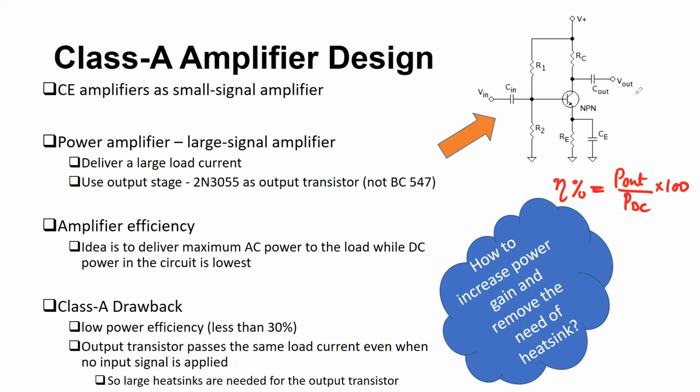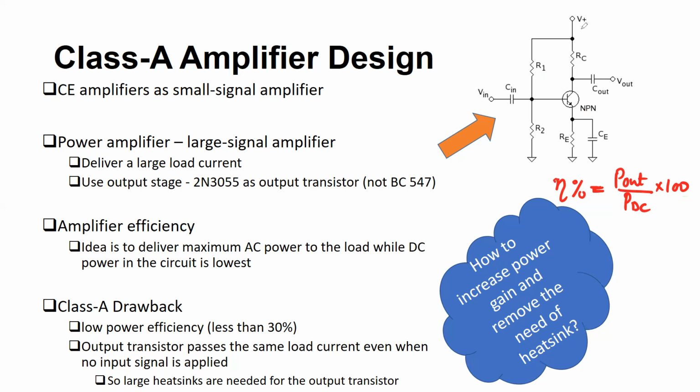How much power is delivered to the load divided by how much DC power or quiescent power is dissipated in the circuit while doing that action. This factor is known as efficiency, expressed in percentage. It is the ratio of power delivered to the load divided by the power dissipated, multiplied by 100.